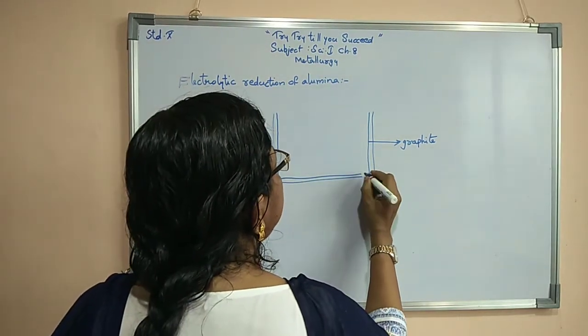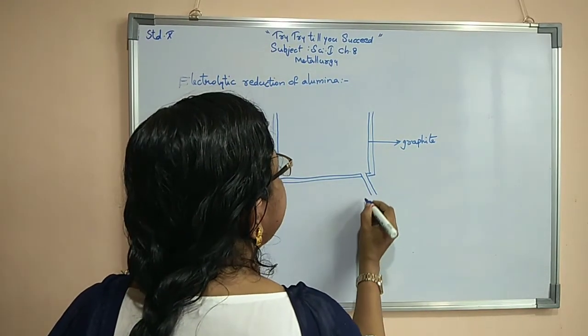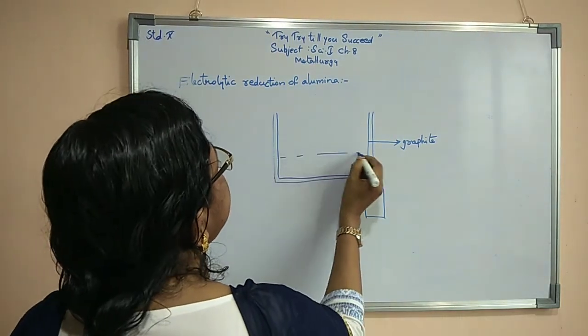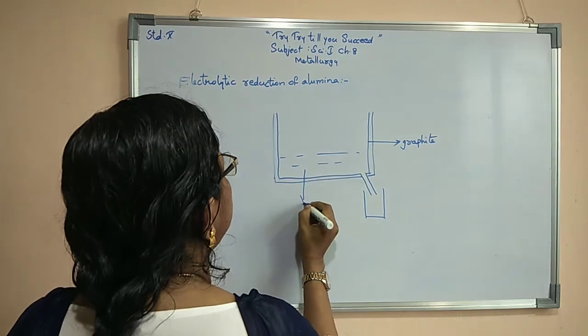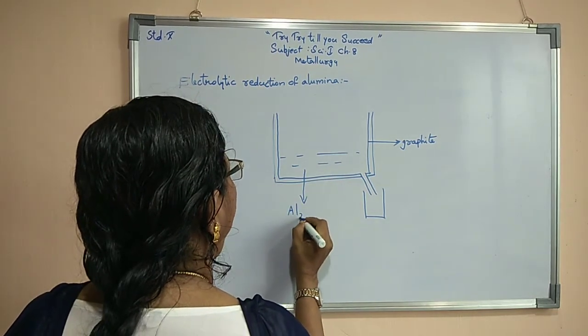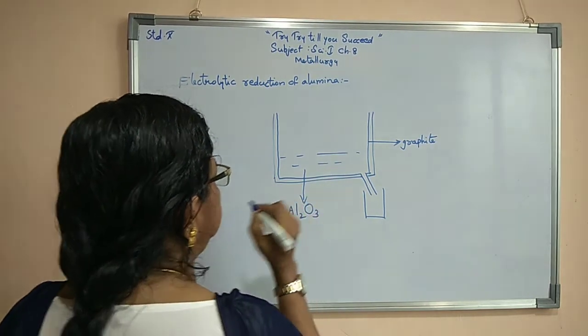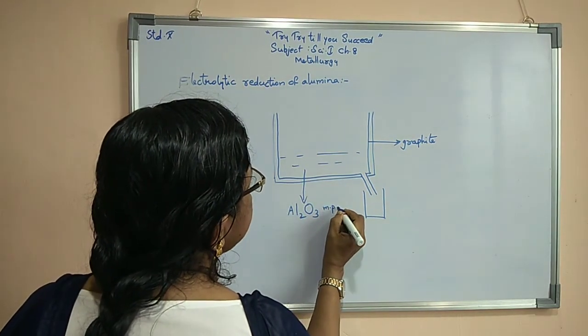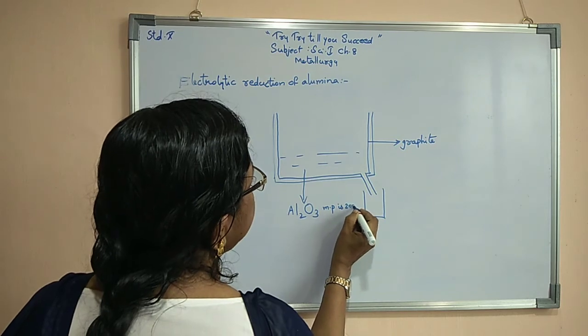Now here we have to keep an exit. Inside, we have to take aluminium oxide, that is only alumina. Its actual melting point is 2000 degrees Celsius.